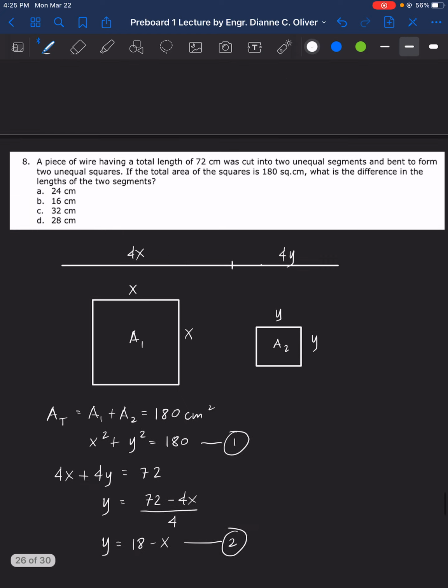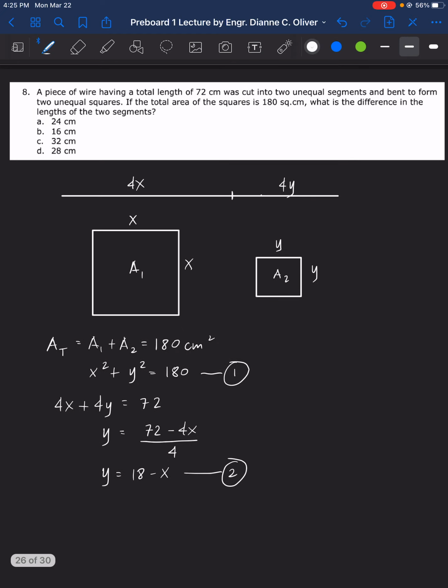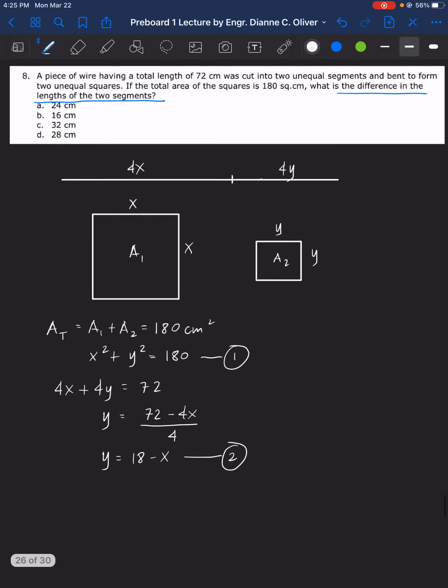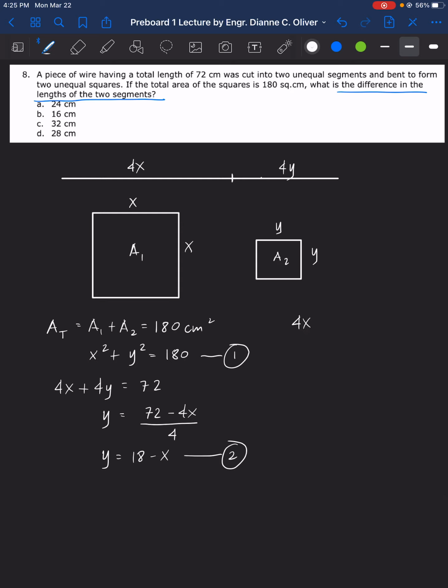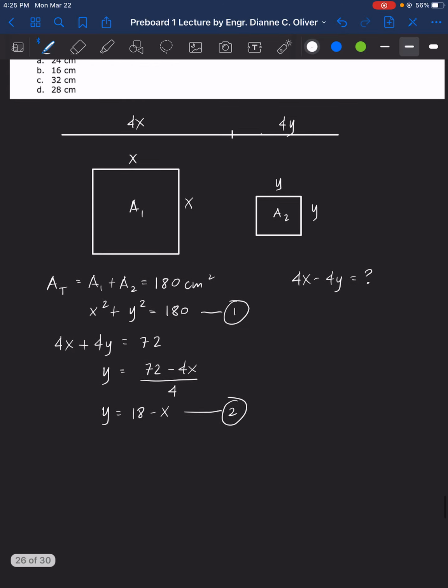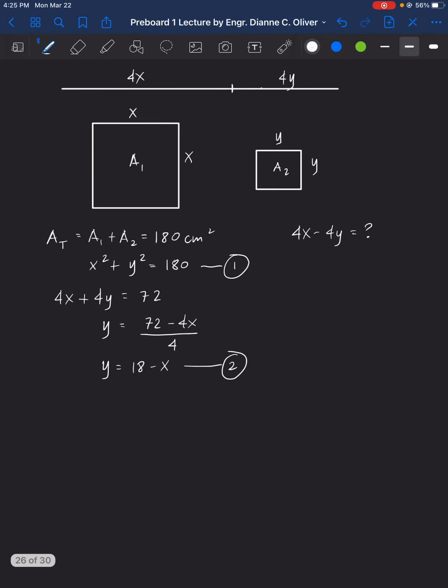And what's being asked in the problem, by the way? What's being asked is the difference in the lengths of the 2 segments. So what is being asked is, what is 4x minus 4y? So what do we do here? We substitute equation number 2 into equation number 1.